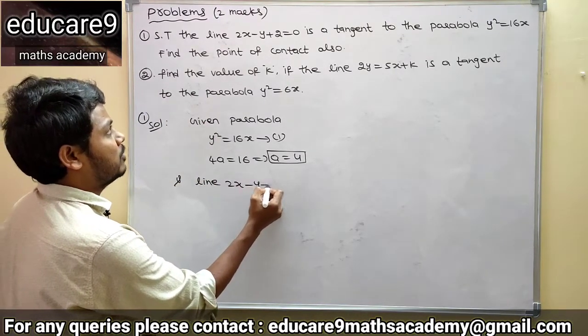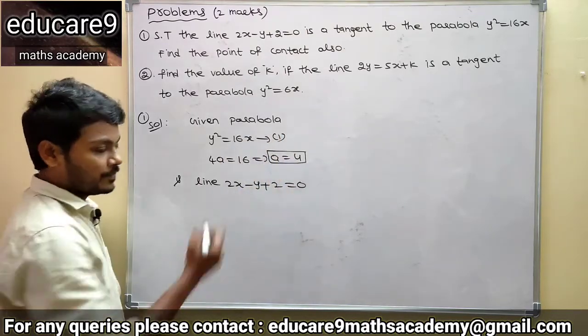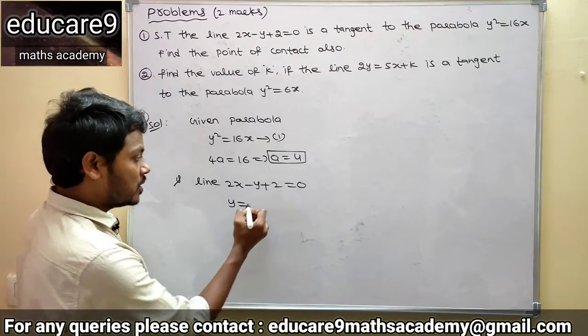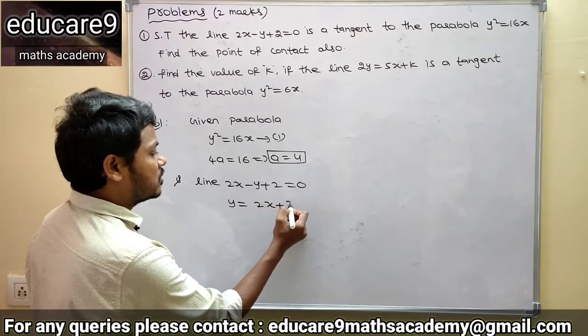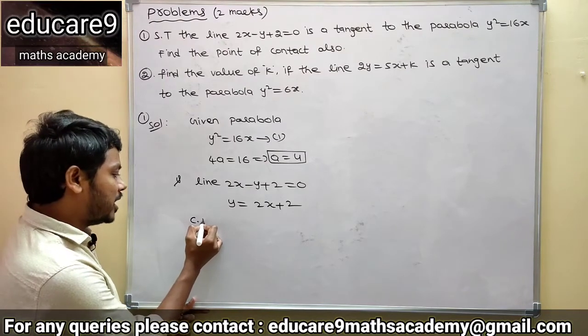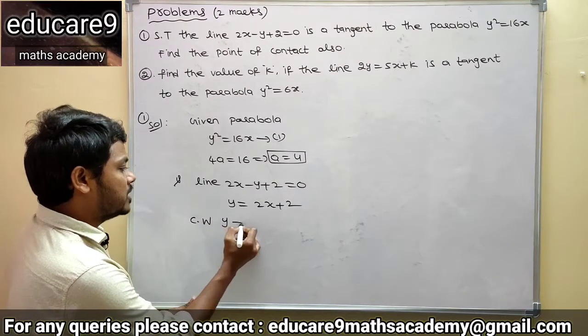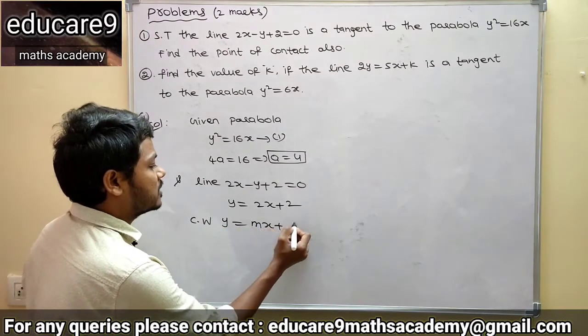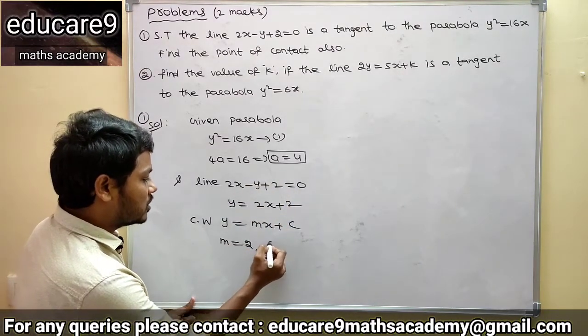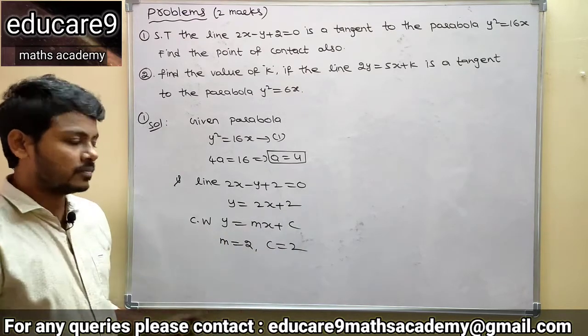So this is y is equal to 2x plus 2. So clearly comparing the given equation with y is equal to mx plus c, what is the m value? M is equals to 2, c is equals to 2.